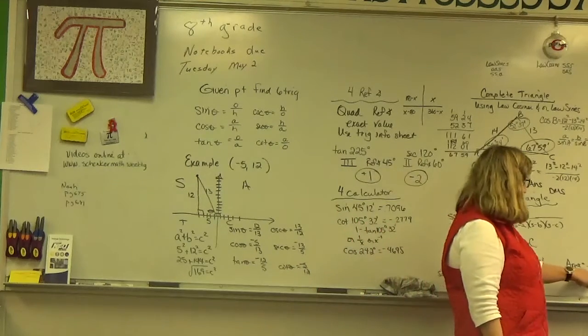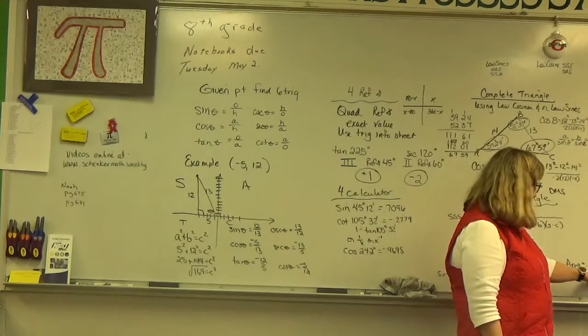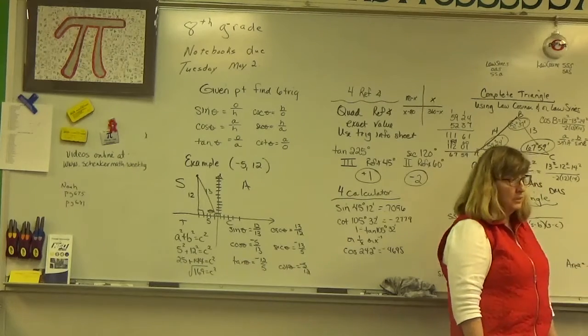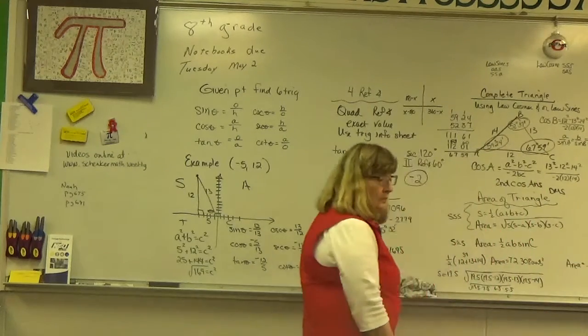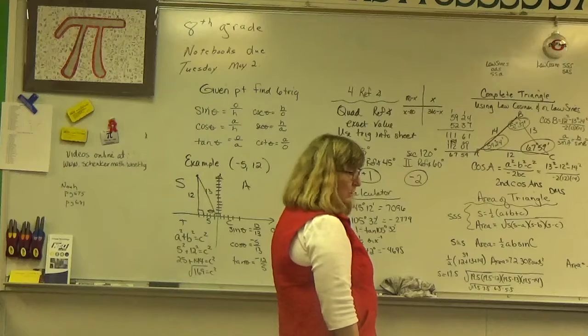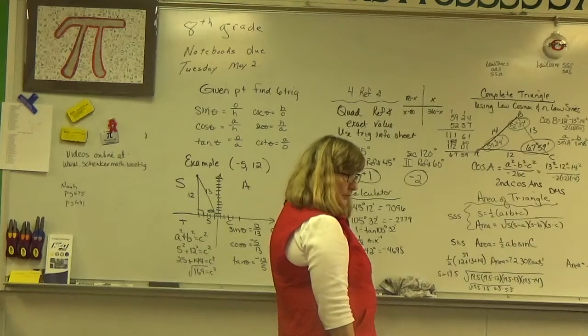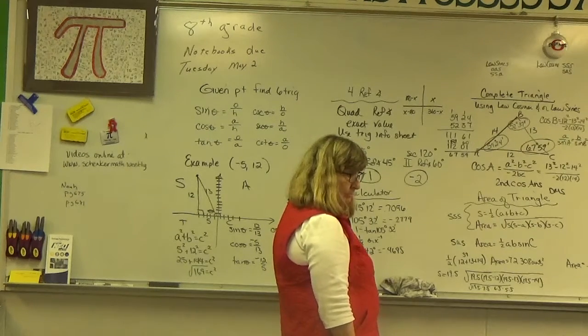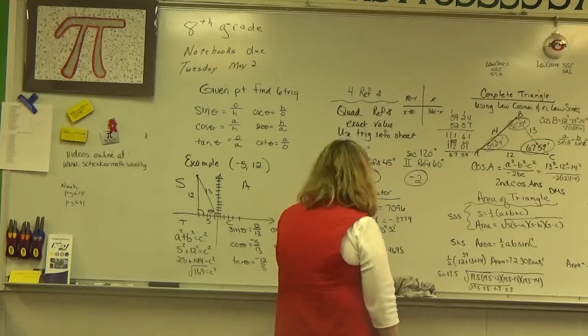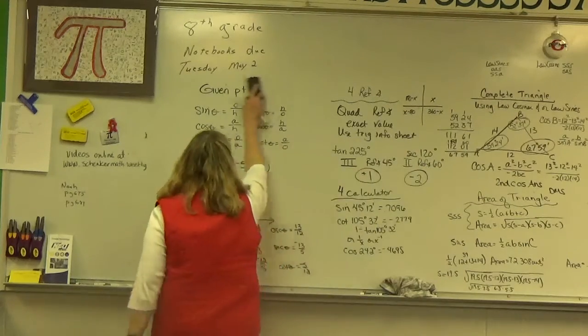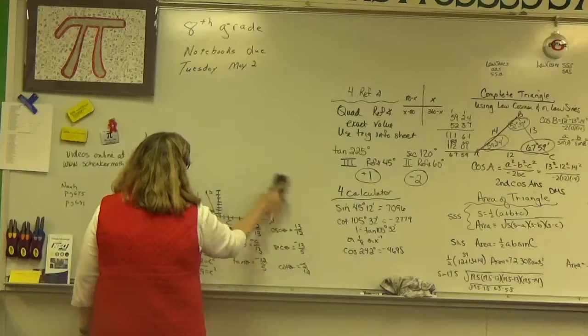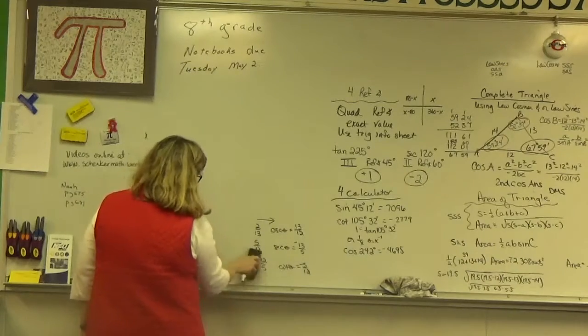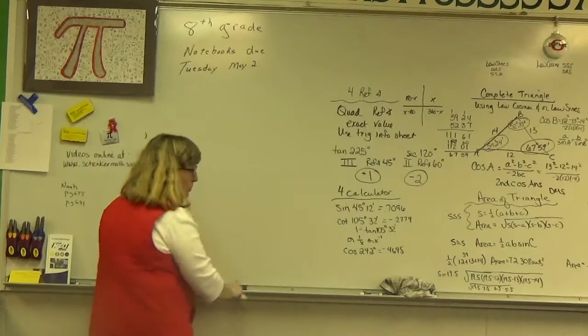Take 0.5 times 12 times 14 times the sine of 59 degrees, 24 minutes, hit equal. And you should have your answer. It should be pretty close to the same. 72.3.